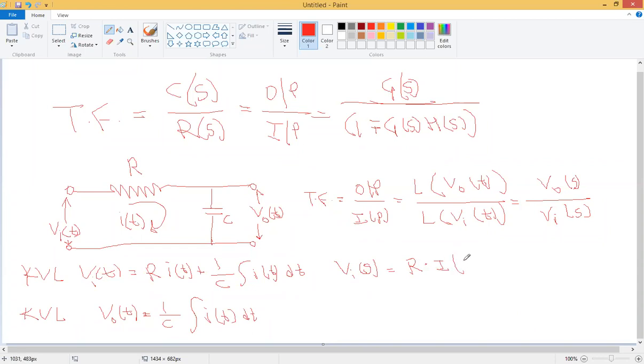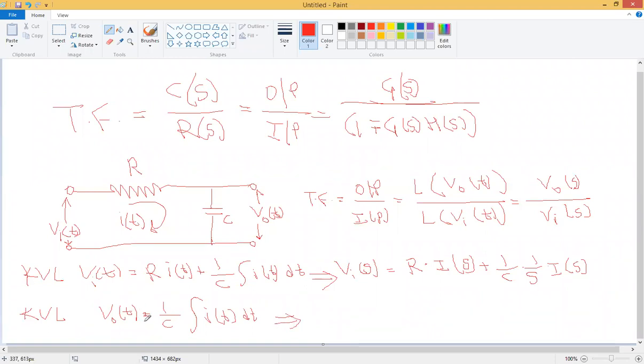I of t becomes I of s, capital. And 1 upon C as it is. This integration becomes 1 upon S, and I of t becomes I of s.